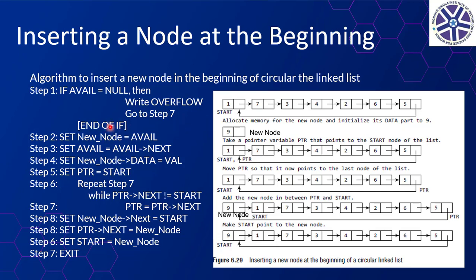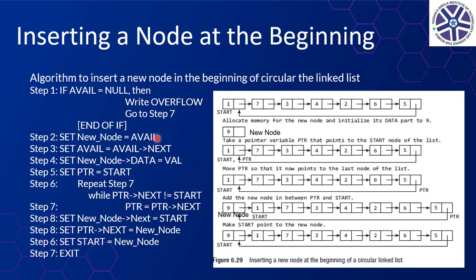Every time you want to insert a new node, you need to check for the available space. Once you have the available space, you assign the address in avail to the new node, since avail contains the address of the available space. So new node equals avail.